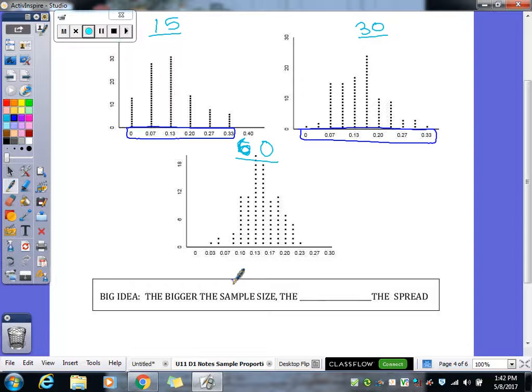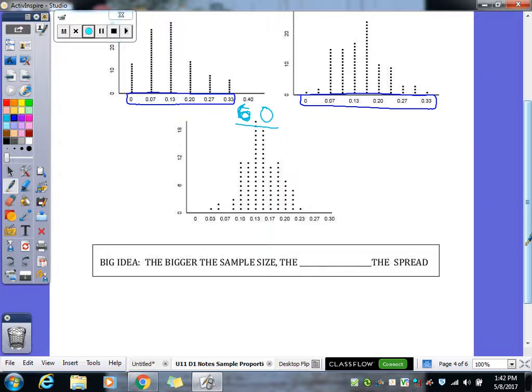But are there as many out here on the edges? No, they kind of move in more towards the middle for that one. If we look at our 60 sample, though, they definitely move in a lot more towards the middle. So the bigger your sample size is, the less spread you're going to have.